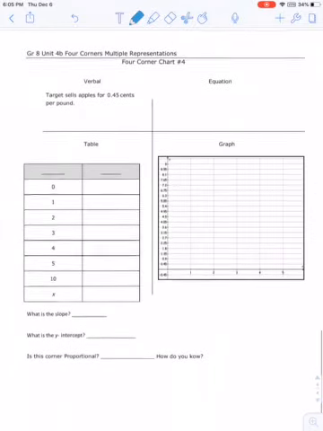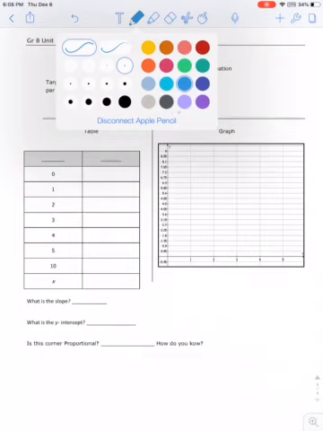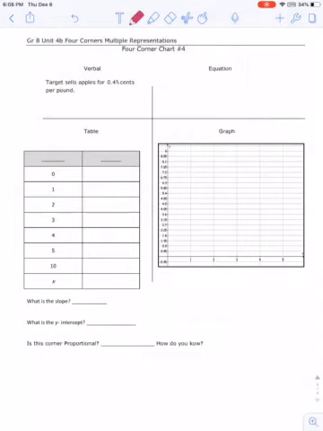And then we're going to look at number 4. If you want to try this one on your own, it gives you a verbal description and you have to fill in the other 3. Target sells apples for 45 cents per pound. So from this, I can tell that we have some number of apples, so pounds of apples, and that's changing.